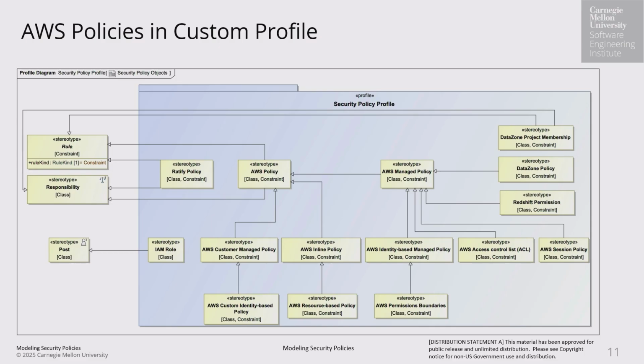You could see that data zone project membership at the top right-hand corner is modeled like that as well, because it has a unique set of roles, internal roles that are not typically exposed to IAM.